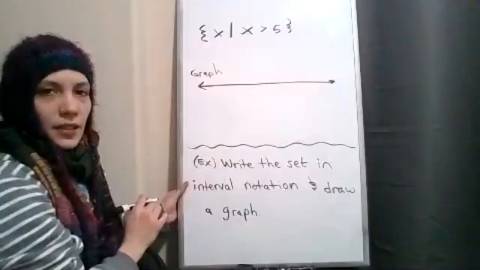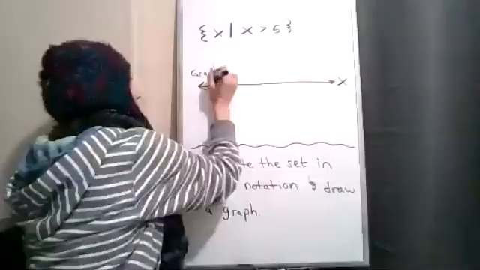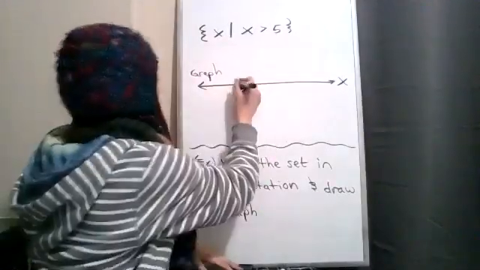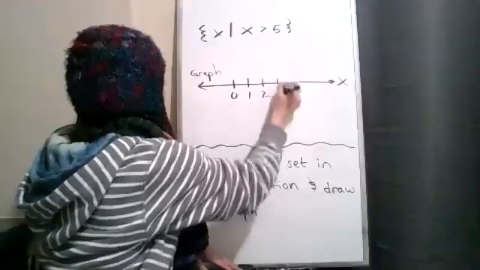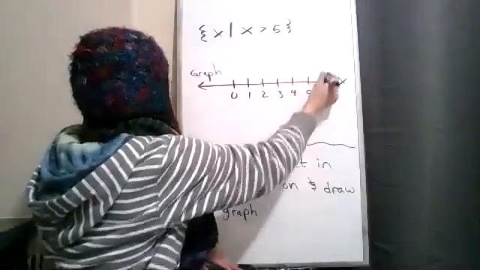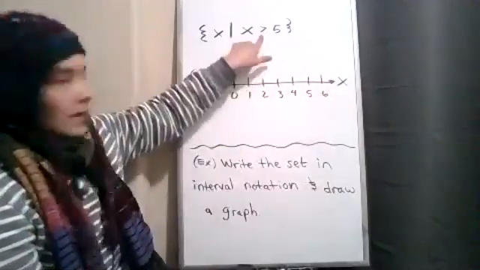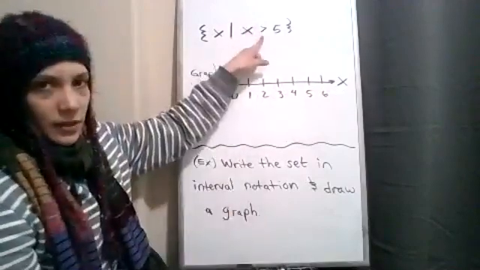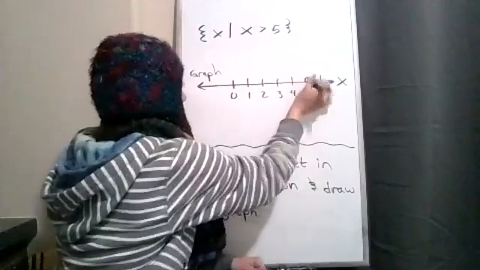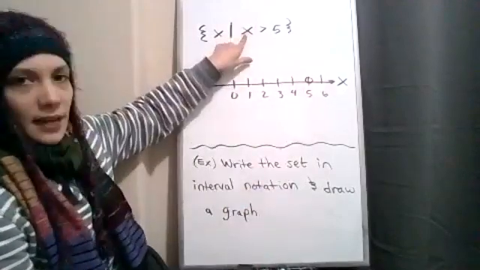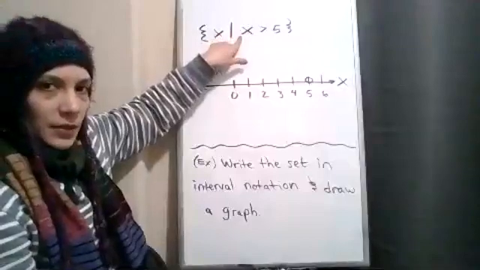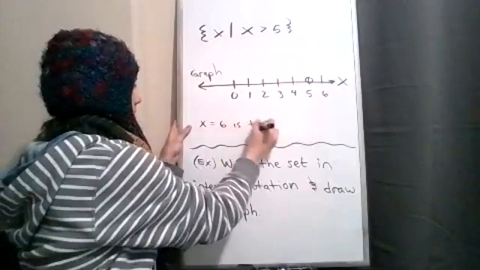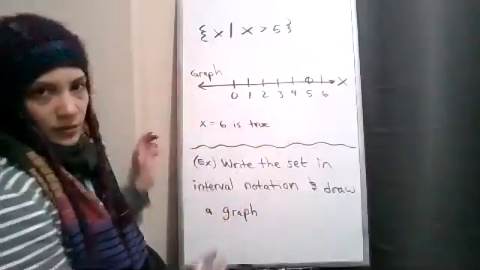Get a graph ready for your x values. Add 5 somewhere on that graph. There's a circle on 5. You're not going to include 5. x is strictly greater than 5. And find the x values that make the statement true. So 6 is greater than 5. 10 is greater than 5.